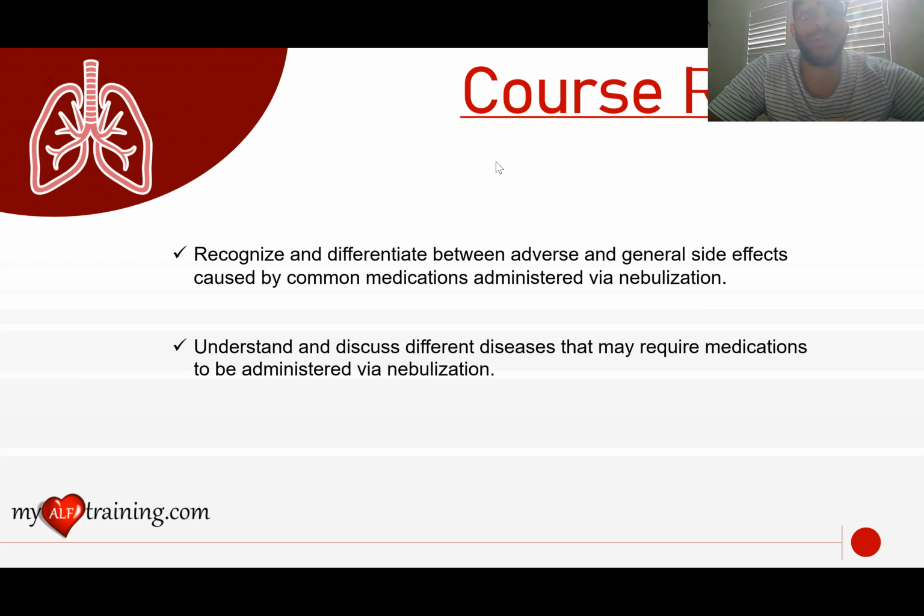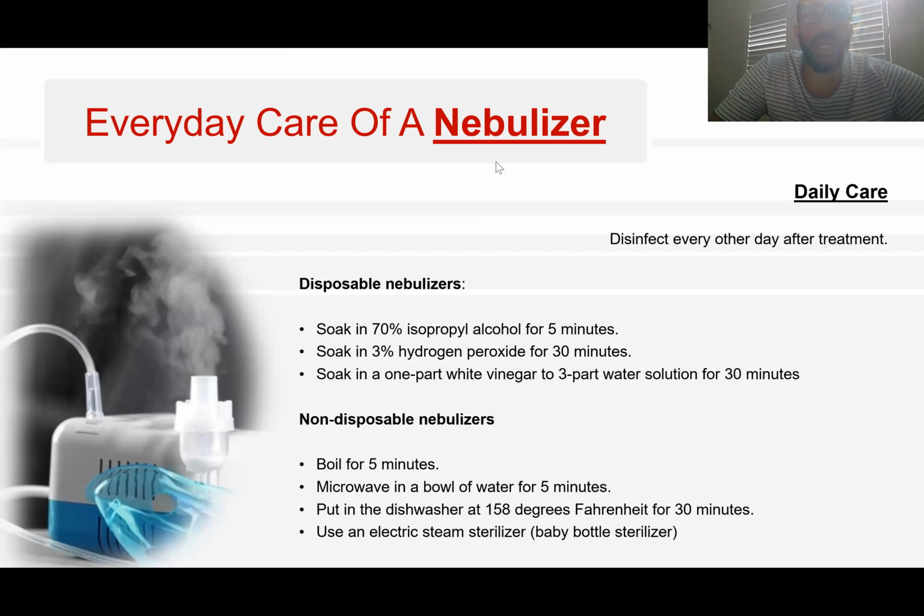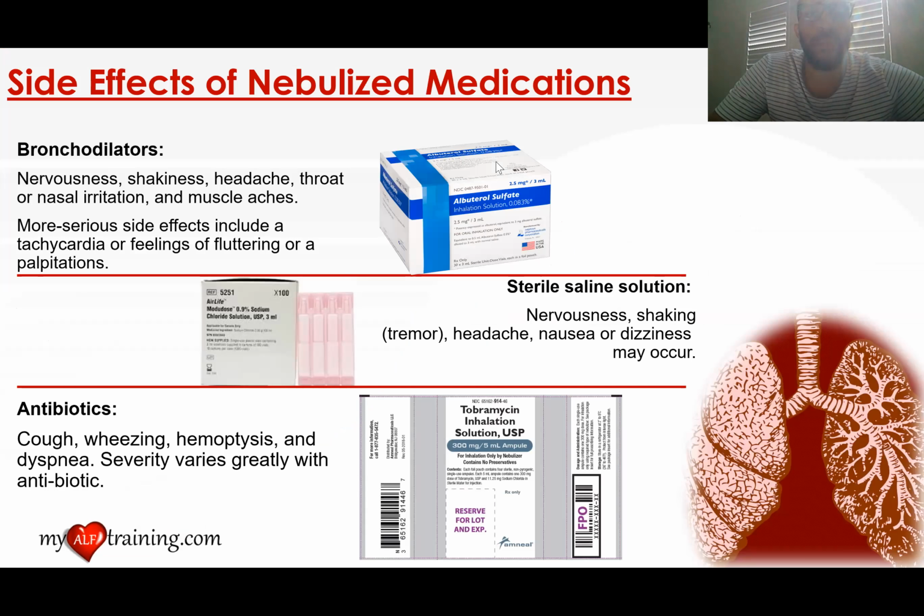Recognize and differentiate between adverse and general side effects caused by common medications administered via nebulization. So we talked about albuterol as one of the most common bronchodilators and the serious side effects of albuterol. Just in case you forgot, we're going to review tachycardia, fluttering, or palpitations. We also talked about sterile saline, nervousness, shaking, headache, nausea, dizziness.